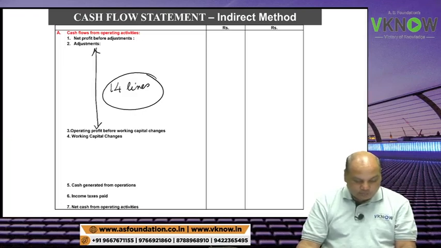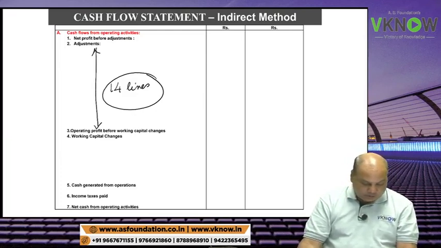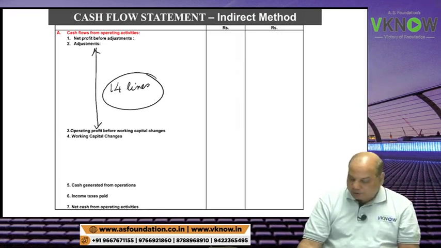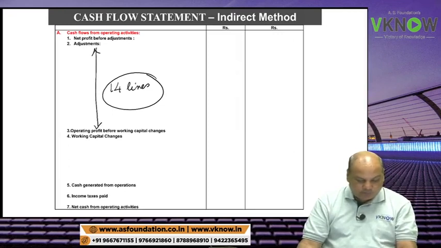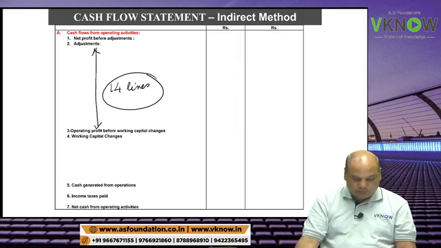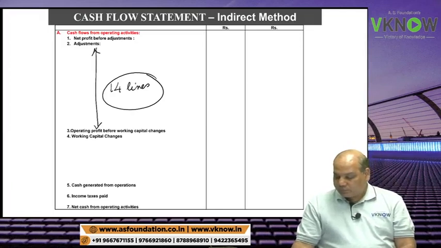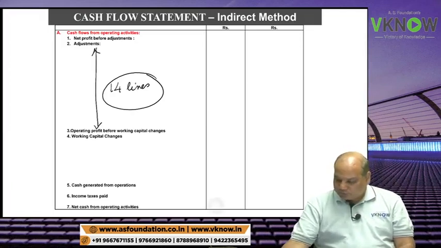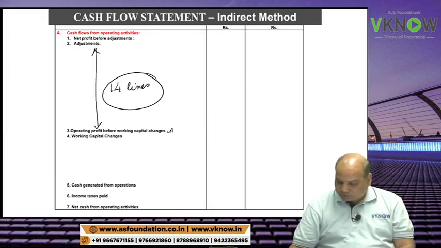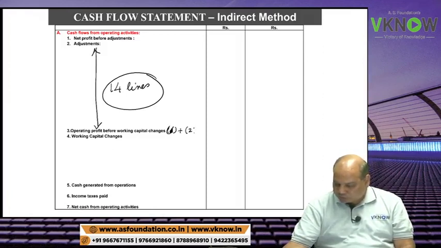Point number 3, operating profit before working capital changes. This will be point 1 plus point 2.